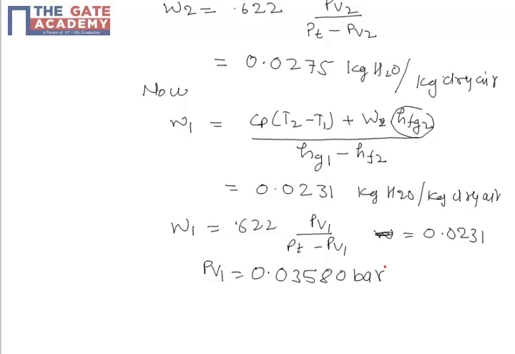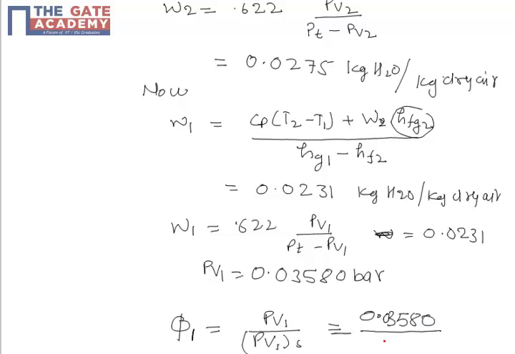Now that we know the partial pressure of vapor at point 1, we can find out the value of phi 1. Phi 1 means the relative humidity of the sample air, which we have to determine. So it is PV1 divided by PV1 at the saturated point. So it is 0.03580 divided by the saturation pressure at 40 degrees centigrade, which is 0.07375.